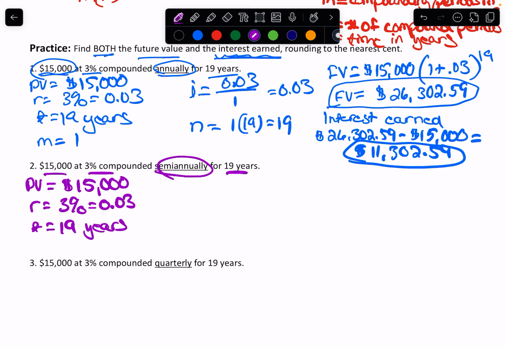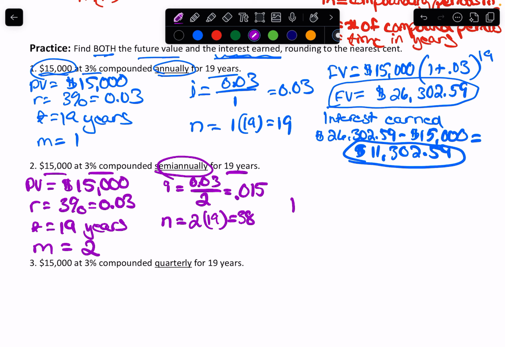So our m is going to be 2 because it's compounded twice. Okay, so our i is going to be the rate 0.03 divided by the m, which is 2. So that's going to be 0.015. Our n is going to be m, which is 2 times a year, times the years, which is 19, and that's going to be 38.